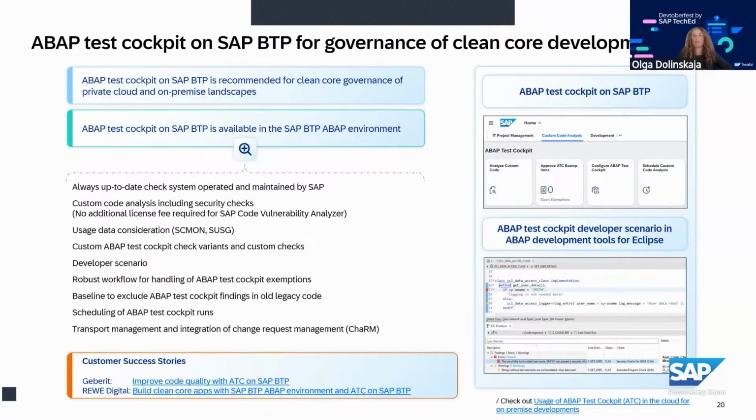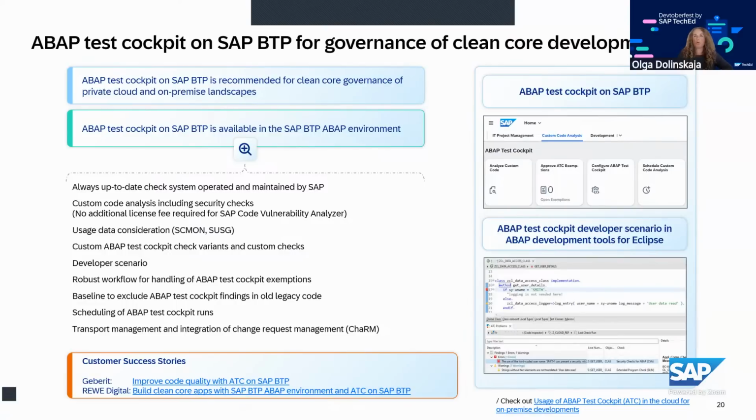So the analyze custom code app executes custom code analysis, including security checks via code vulnerability analyzer. You can add the usage data if you collected it via SCMON or SUSG, and consider usage data also for your custom code analysis. You can define your own check variants with ABAP development tools for Eclipse.